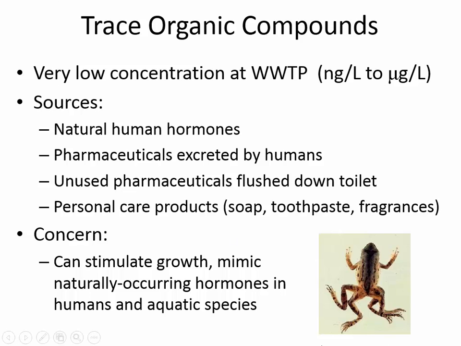And so here's an example of a frog that has multiple legs. They found male frogs that develop female reproductive parts because of exposure to estrogens that mimic naturally occurring hormones.